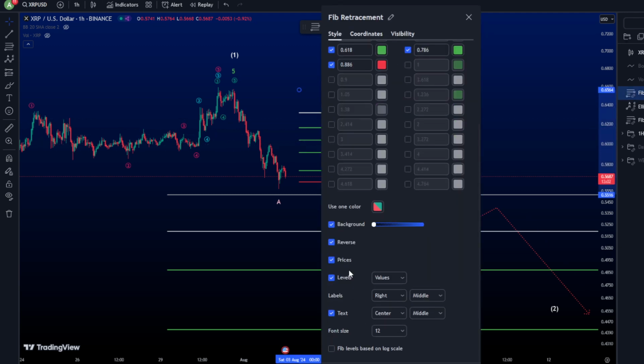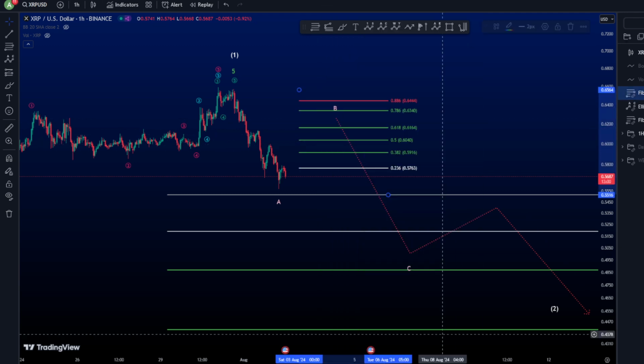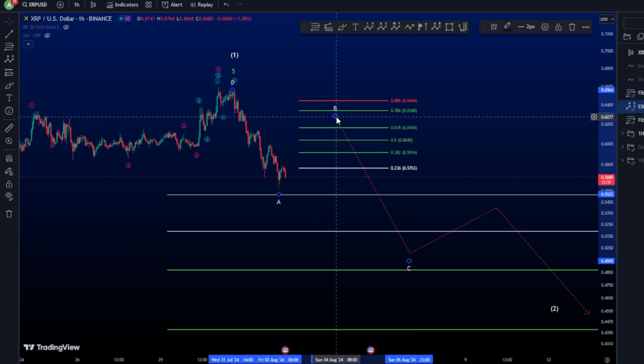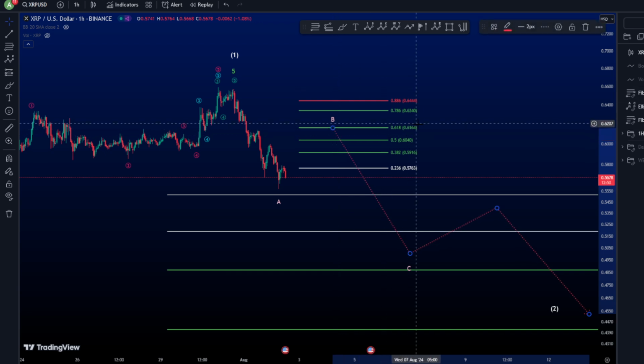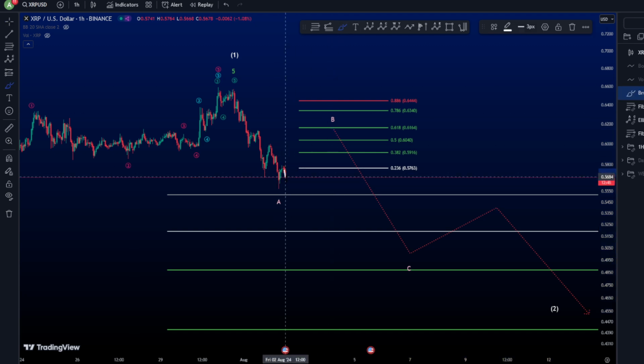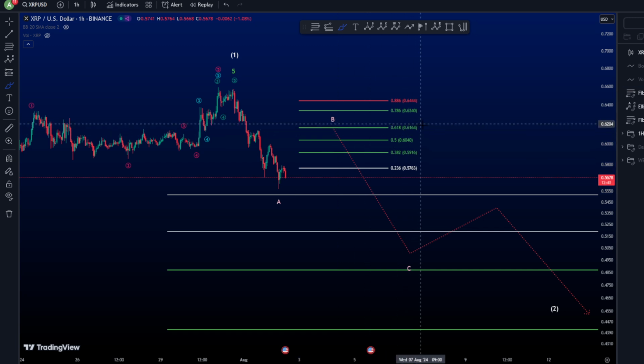Very likely that we reach wave B somewhere here, preferably at 0.618. This is the most perfect fib level for me as a wave B. So expect 3 waves up, guys, towards the 0.61 cent for XRP.